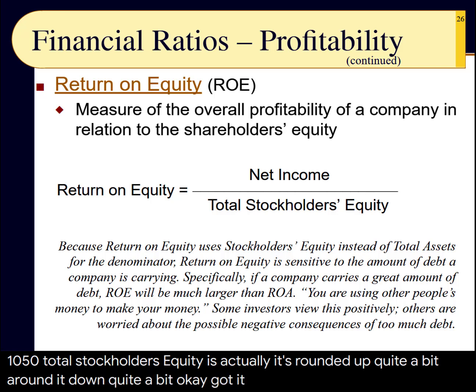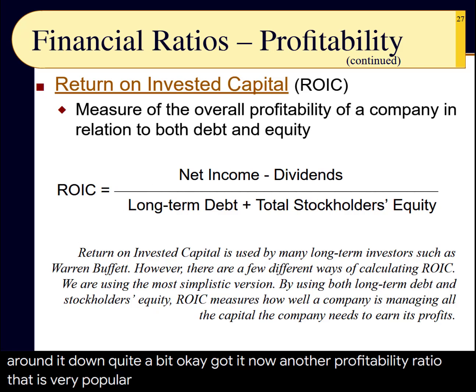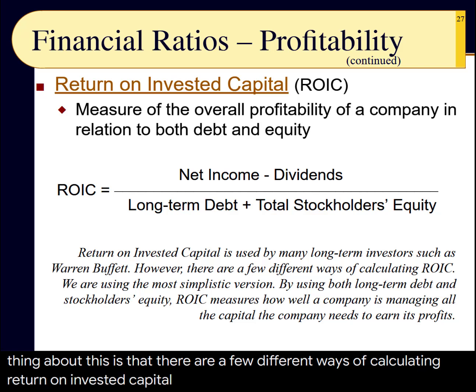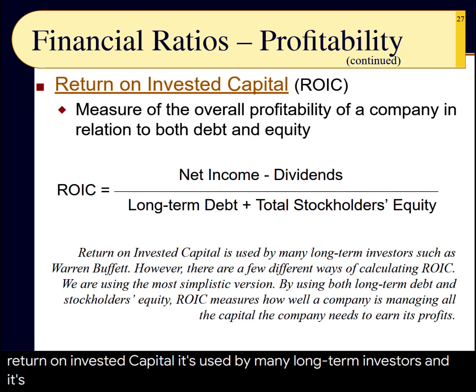Okay, got it? Now, another profitability ratio that is very popular is called return on invested capital. The little weird thing about this is that there are a few different ways of calculating return on invested capital. It's used by many long-term investors, and it's one of Warren Buffett's favorite ratios to take a look at.